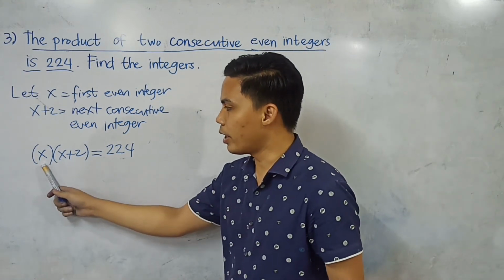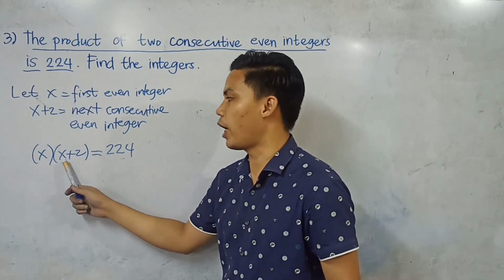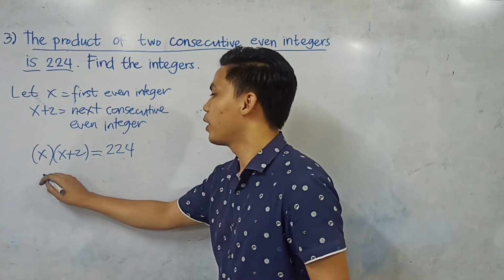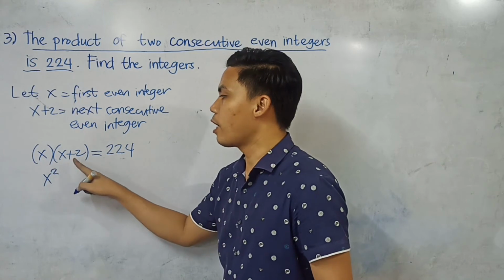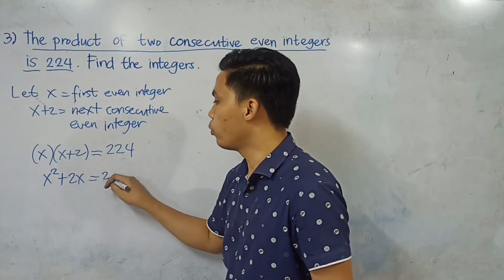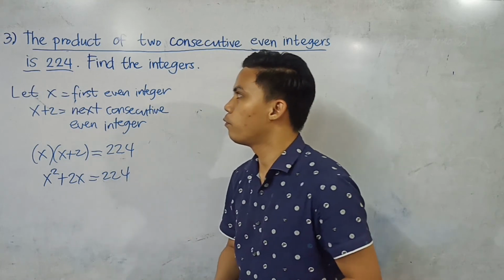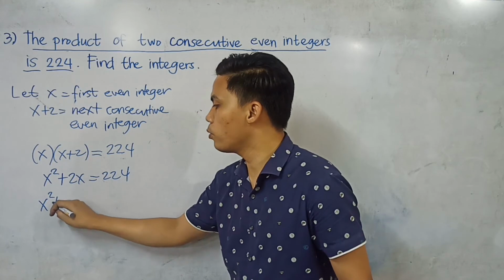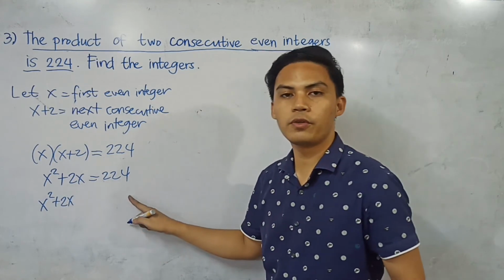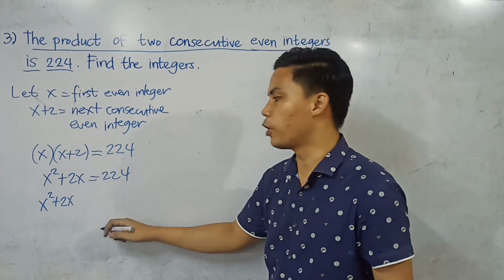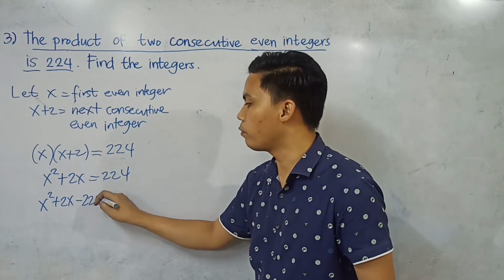Okay. So ang x natin, we're going to distribute it sa x plus 2. X times x, we will have x squared. X times 2, we will have 2x. And equal to 224. Okay, next, we're going to transpose 224 sa left side ng equation. So yung positive 224 magiging negative 224.